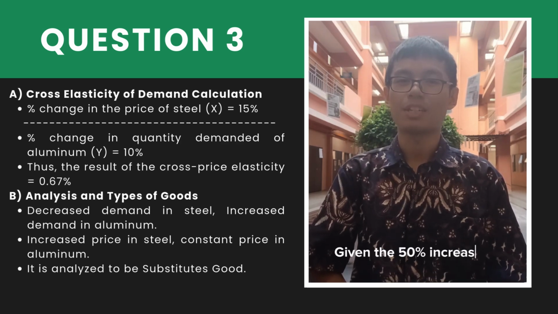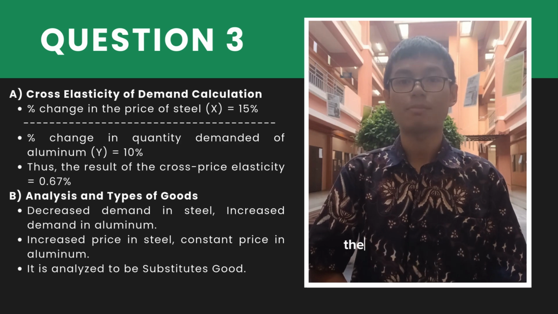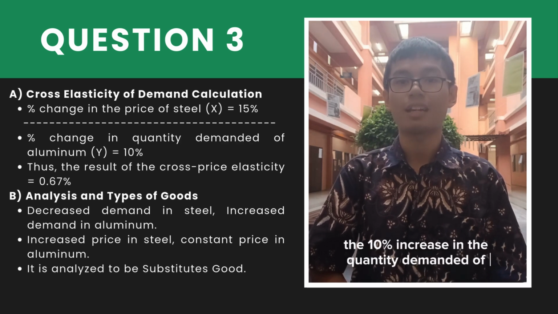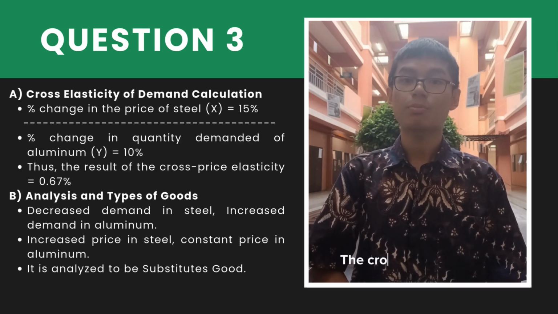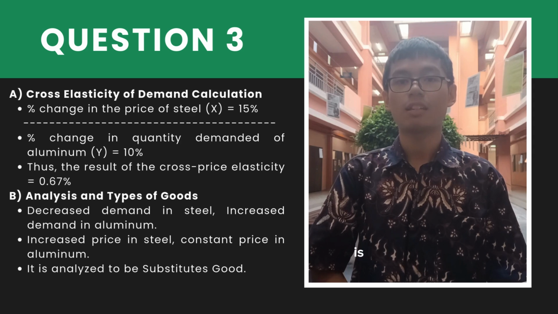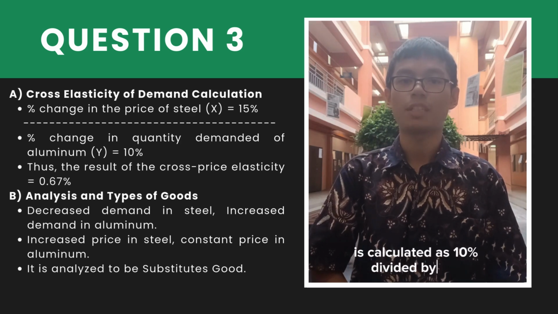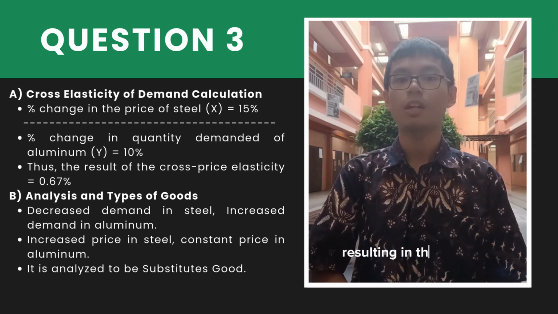Given a 15% increase in the price of steel and a 10% increase in the quantity demanded of aluminum, the cross-price elasticity is calculated as 10% divided by 15%, resulting in the value of approximately 0.67.